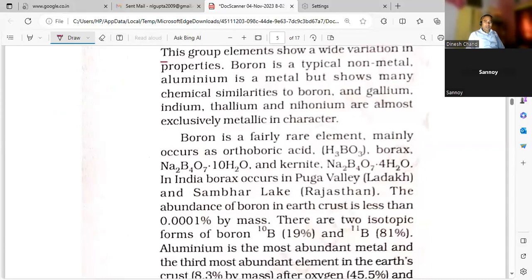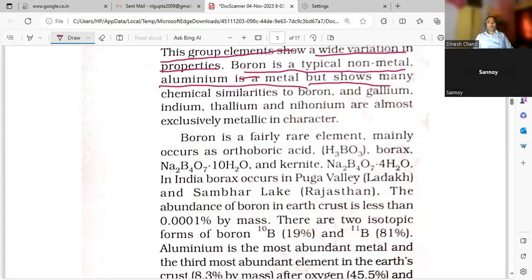Here, these group elements show a wide variation in properties. What are the variations? First, boron is typically a non-metal. Aluminium is a metal, but has many chemical similarities to boron.